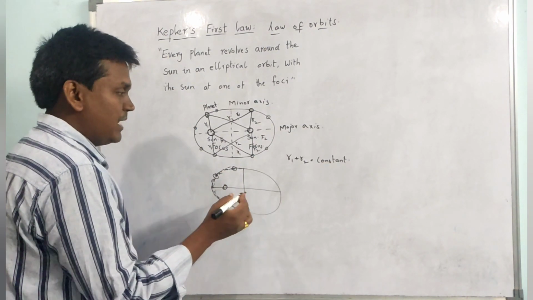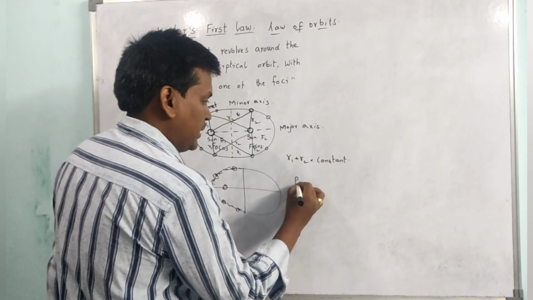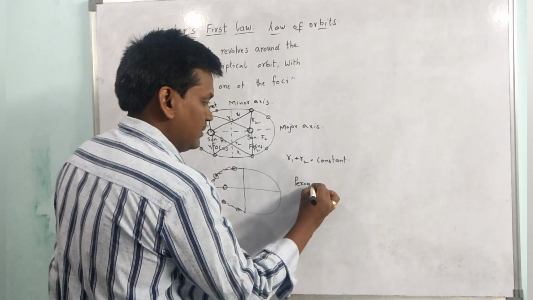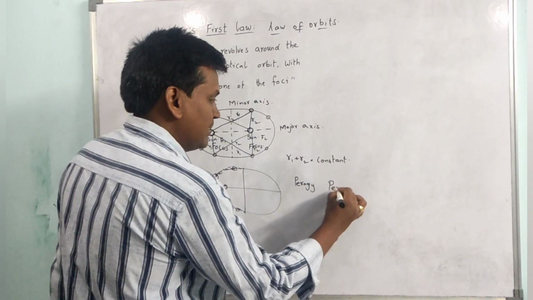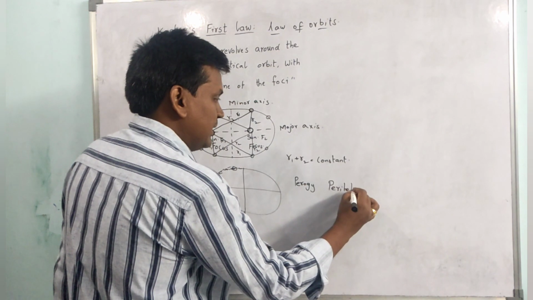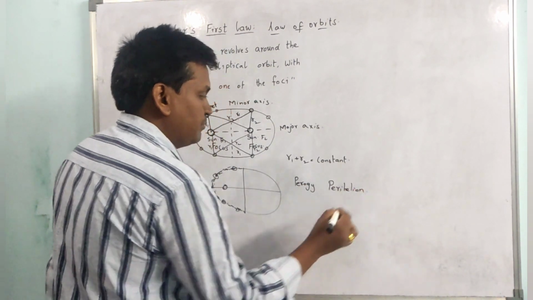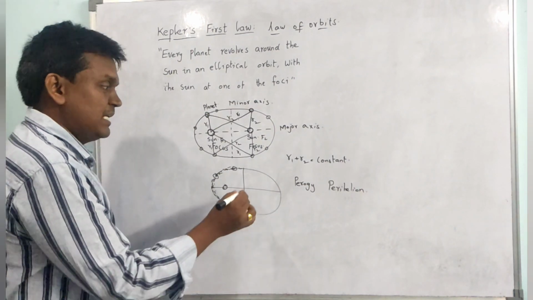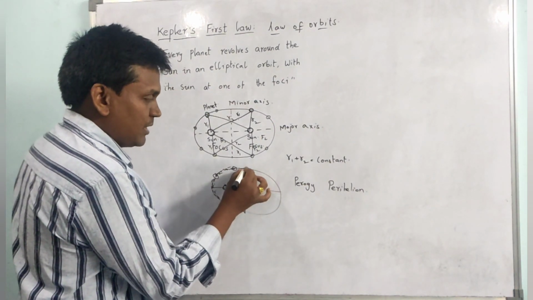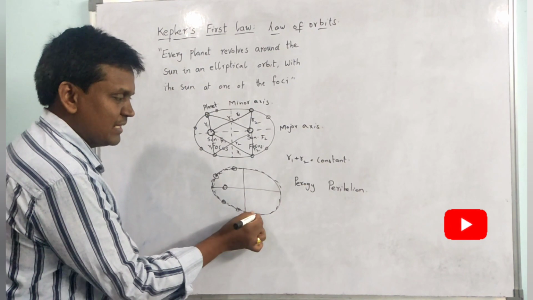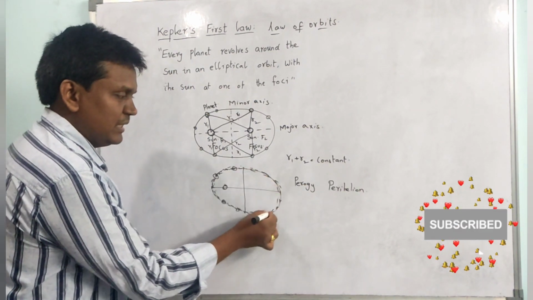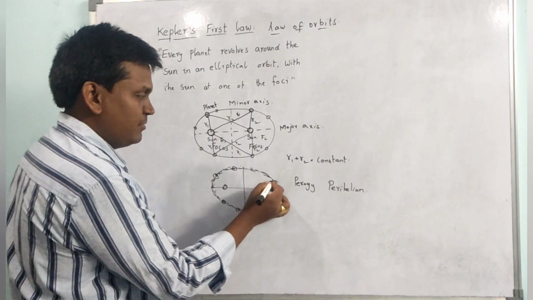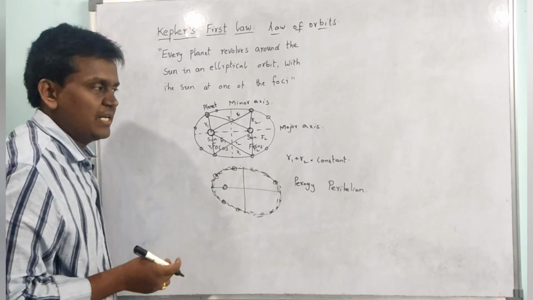So the nearest point to the sun is called perigee, or we call it perihelion. If you consider the second half, if the planet is moving in this position, definitely it is far from the sun.